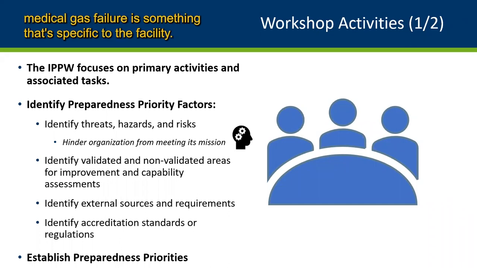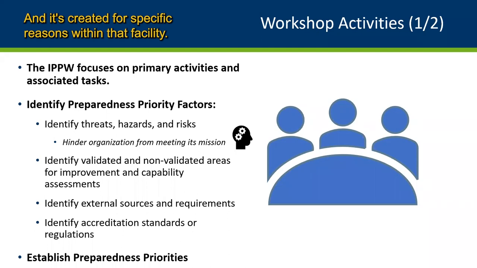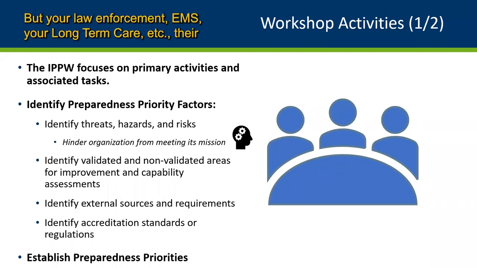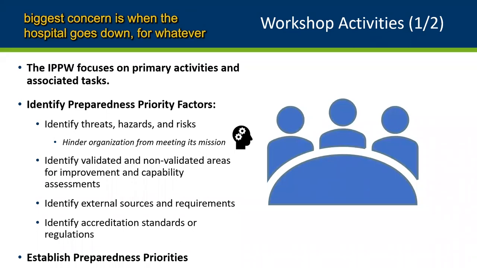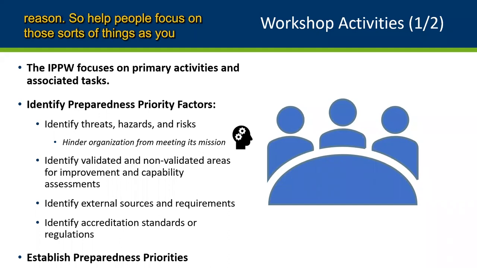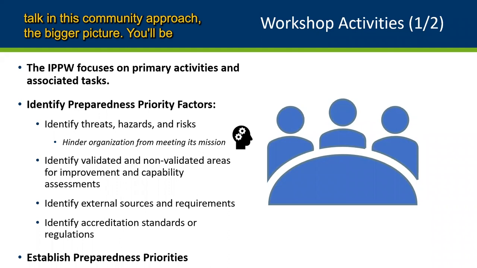Because medical gas failure is something that's specific to the facility and it's created for specific reasons within that facility. But your law enforcement, EMS, your long-term care, et cetera, their biggest concern is when the hospital goes down for whatever reason. So help people focus on those sorts of things as you talk in this community approach, the bigger picture.